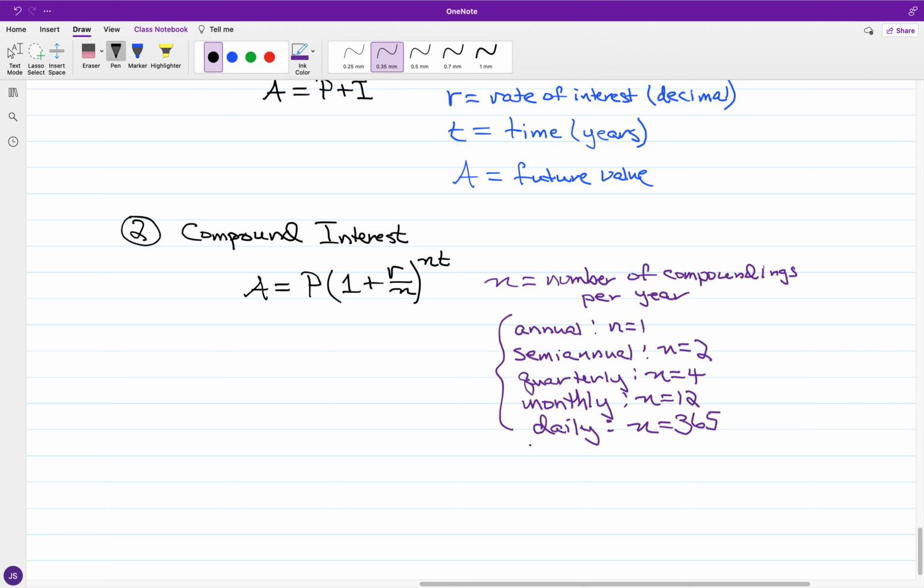One might ask, can you go beyond daily? Well, in a sense, you can. There's another way.